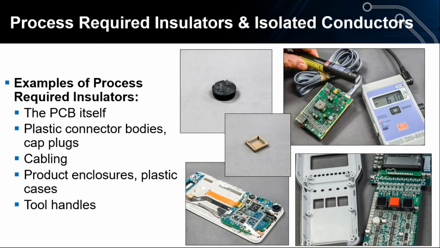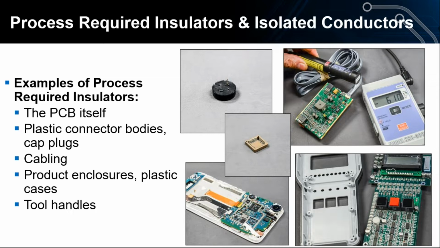So some examples here are the printed circuit board itself is an insulator. Plastic connector bodies and cap plugs that are commonly used are generally not ESD non-generators. Cabling, product enclosures, plastic cases like this, I think a Desco surface meter, that is pictured there.